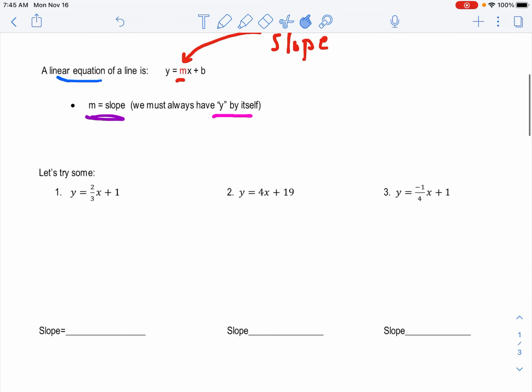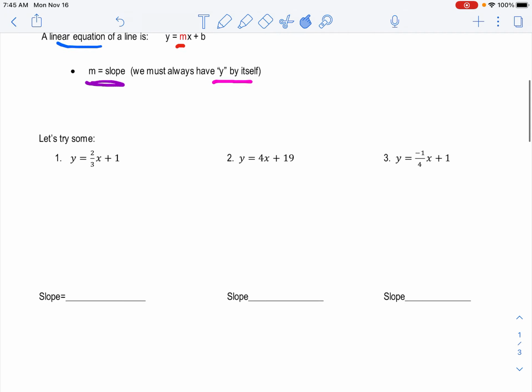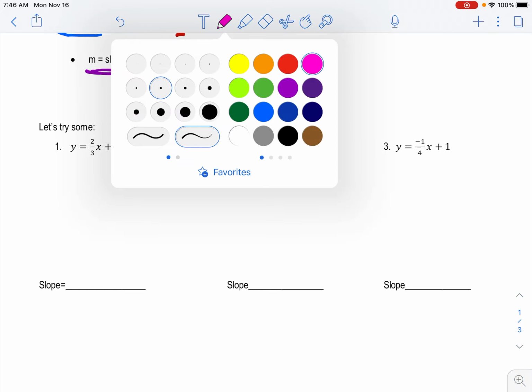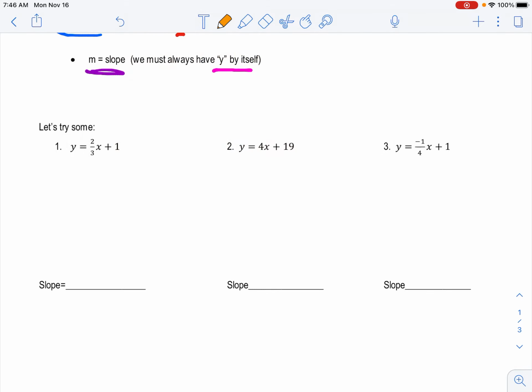All right, here's our first one. We have y equals 2/3 x plus 1. You'll notice we have y already by itself, so I'm going to take the number that's next to the x, which is 2 over 3. So our slope is 2/3.